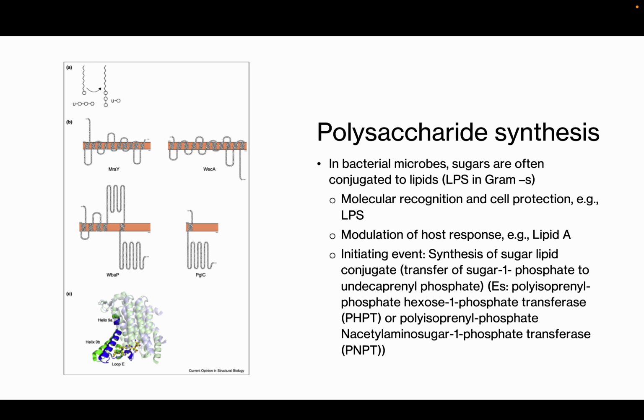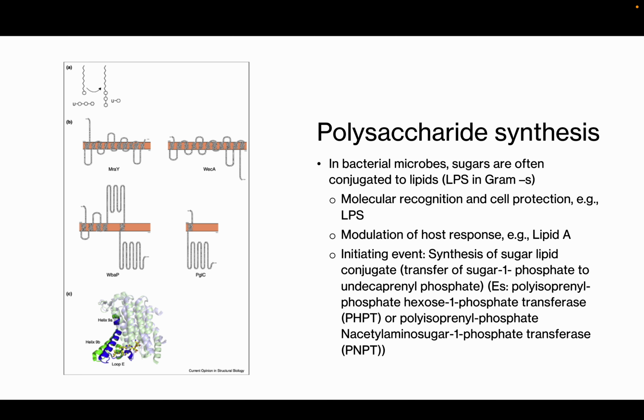So we have the LPS, the capsule, exopolysaccharides, lipid A. So all those things that are polysaccharide rich and are at the same time conjugated to lipid molecules. At the functional aspect, most of these complex polysaccharides are acting as signaling molecules, important for molecular recognition, important for cell protection.